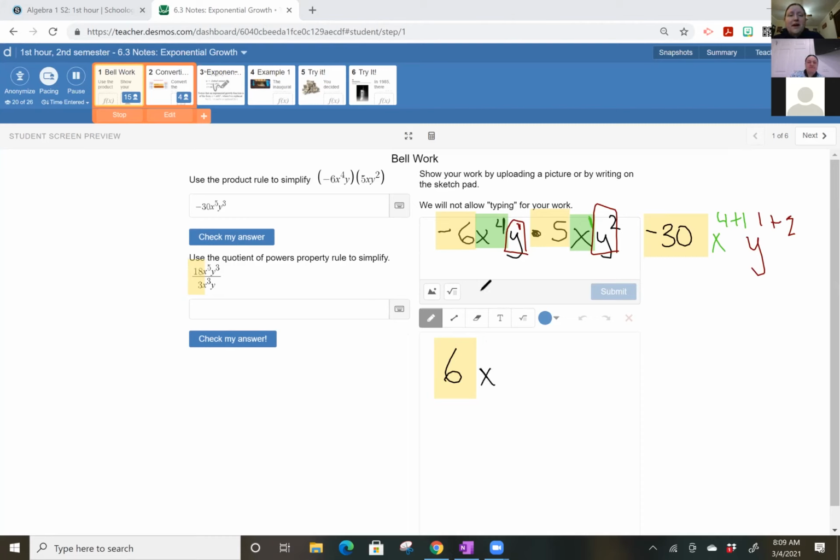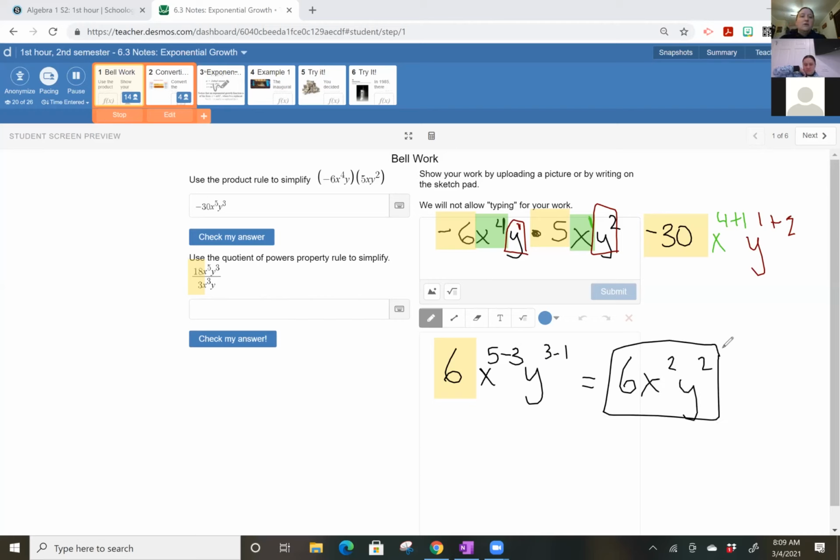What do we do to exponents when we divide, though? Minus. And then I start with the top exponent first. So then I have 6x squared and y times x squared, all in the numerator because there were no negative exponents.